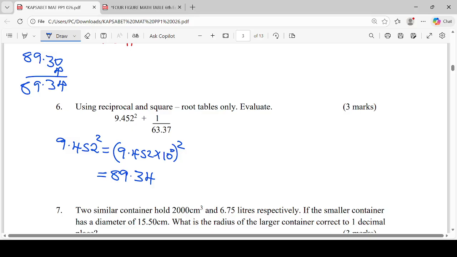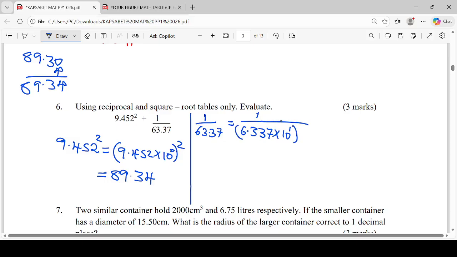Let's also now work on getting the square root, not the square root, the reciprocal of 63.37. So this will be like saying 1 all over 6.337 times 10 power 1.